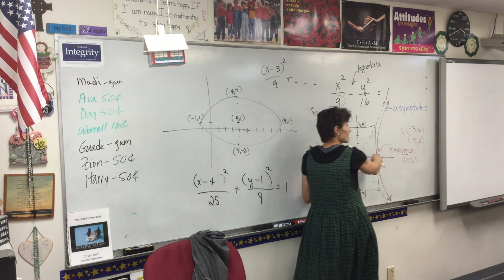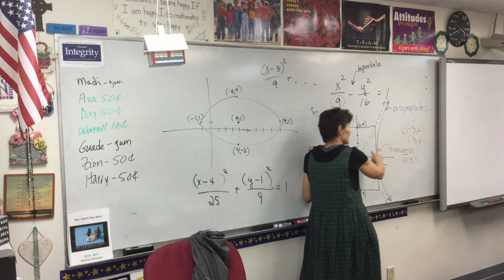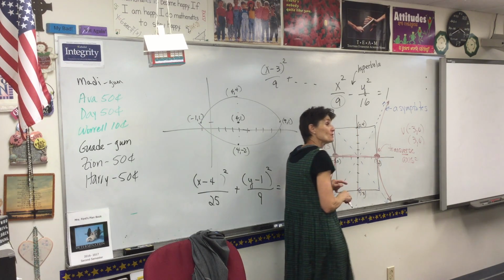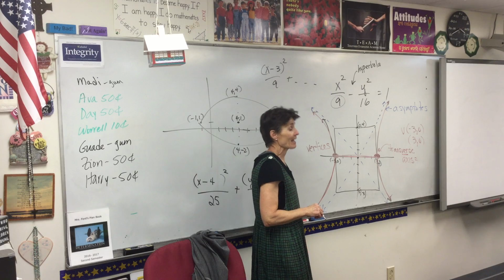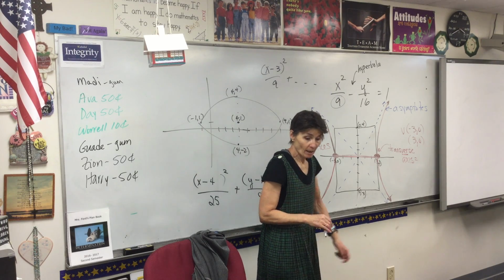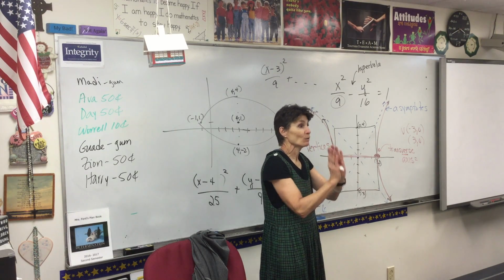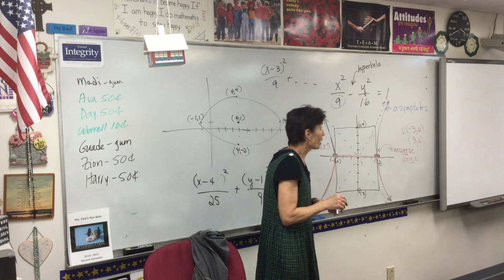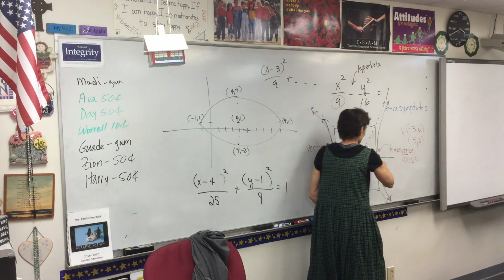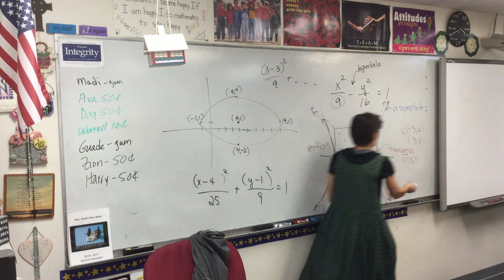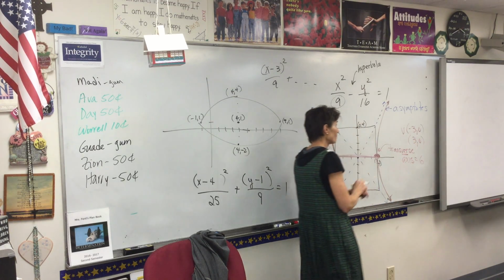So the axis that joins your vertices is called the transverse axis. So on your next quiz, there'll be TA. That's transverse axis. How long is it? Well, in this problem, it is 6. So that's all you need to put down.